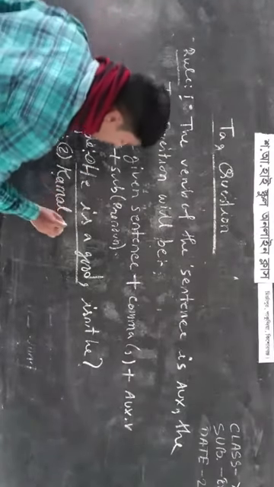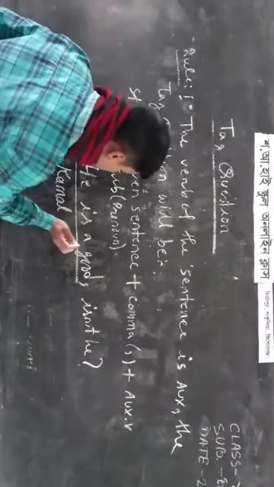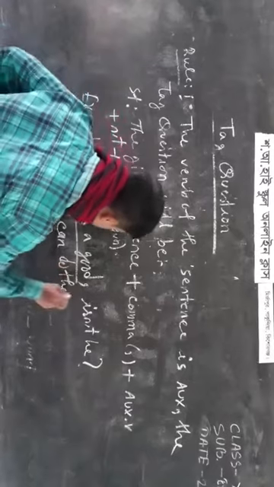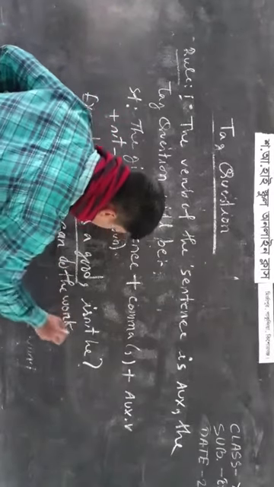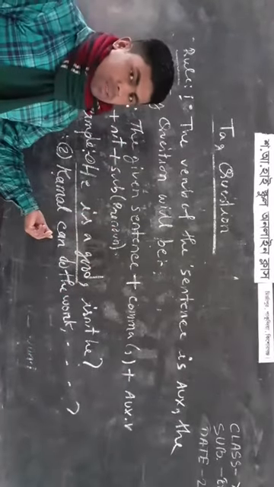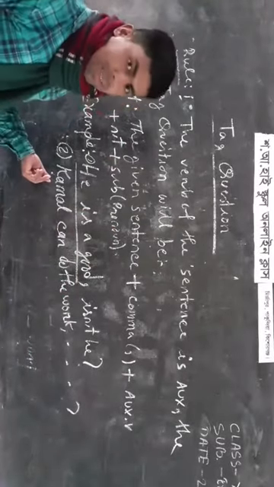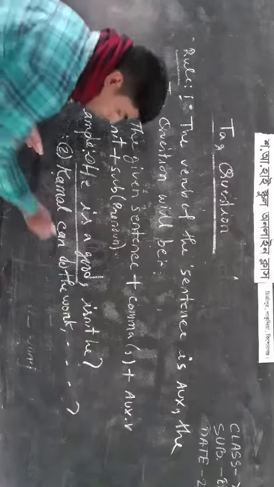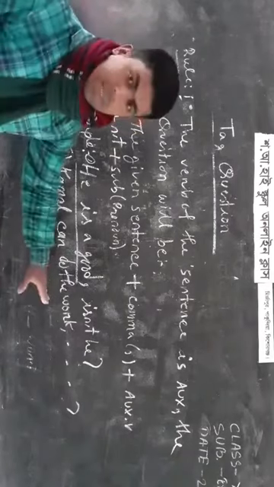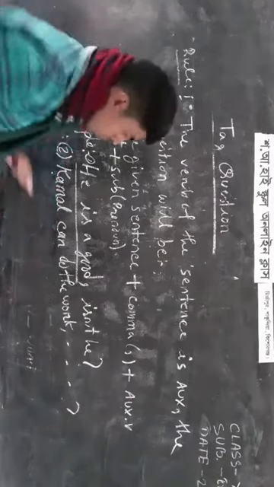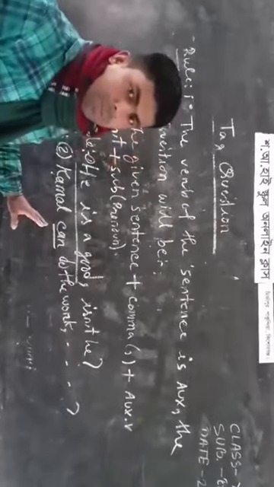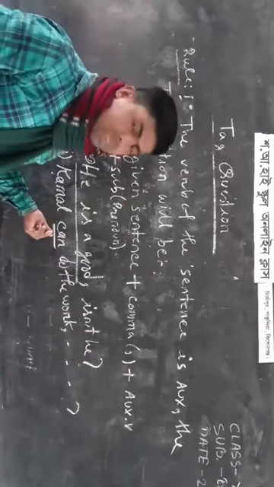Kamal can't do the work. Here the auxiliary verb is can, and the subject is Kamal. As there is an auxiliary verb, if you want to make a tag question, at first you should write the whole sentence again. Then you should use a comma. Then give the auxiliary verb. Here the auxiliary verb is can.